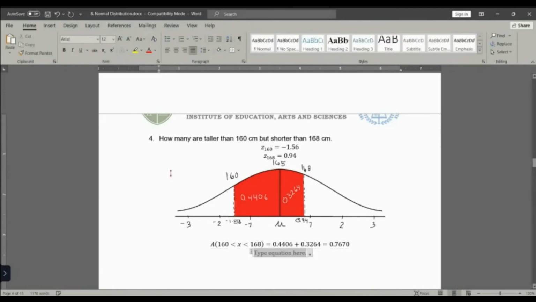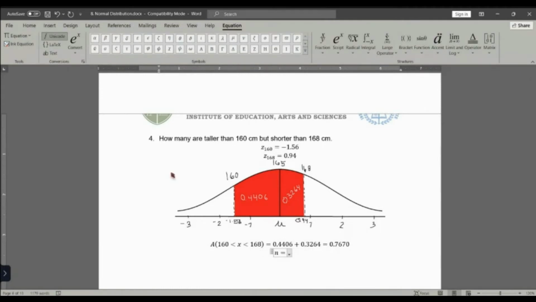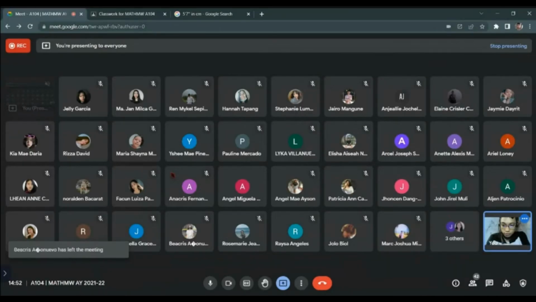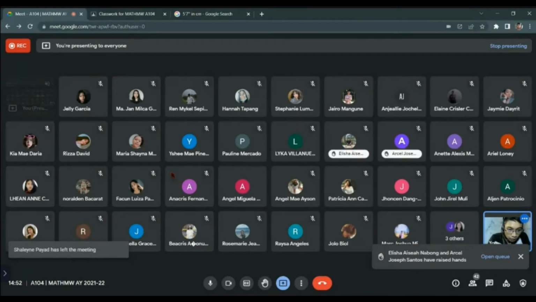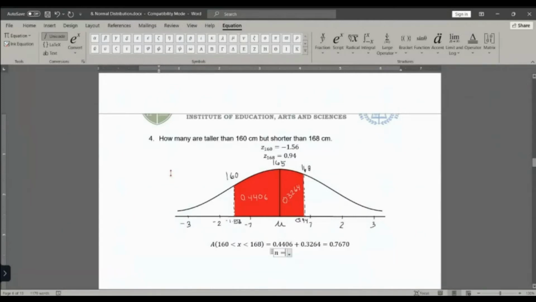And then I need the specific number of students. What is our small n? Small n, 2540 times 0.7670. Anyone? 1,949 po. 1,949. Opo. Nag-round up ka? Okay, thank you.